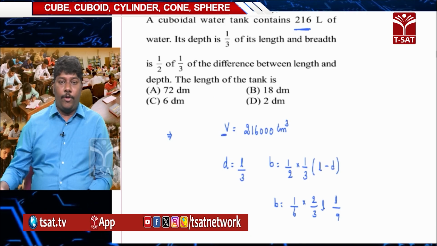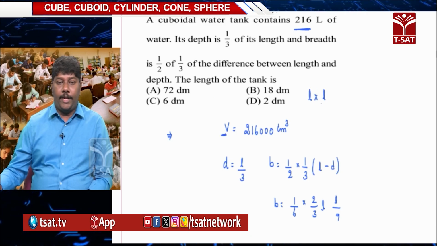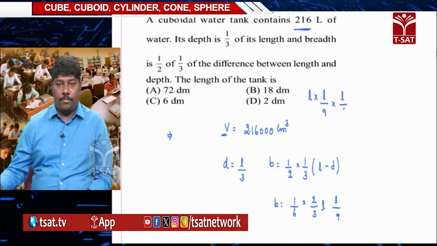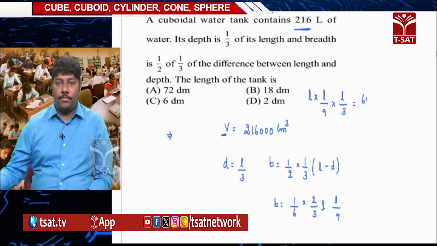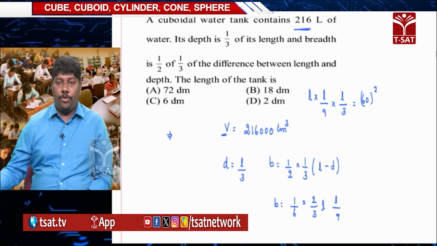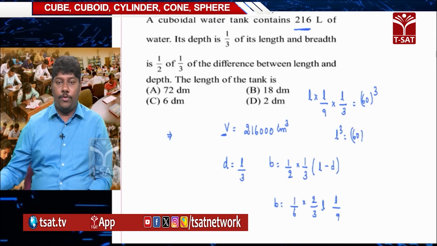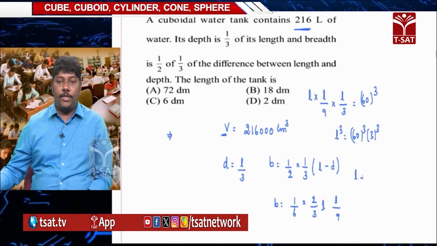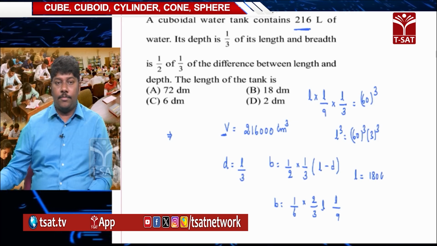Substitute in the volume. Volume is L into B into H. L is L only, B is L by 9, depth is L by 3. You can write it as L cube by 27 equals 216,000, so L cube is equal to 60 cube into 3 cube. Therefore, length is equal to 60 into 3, 180 centimeters.